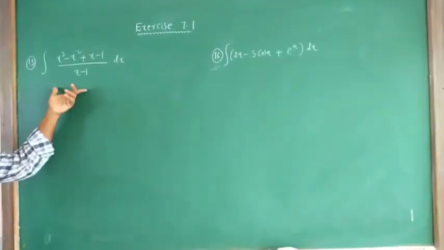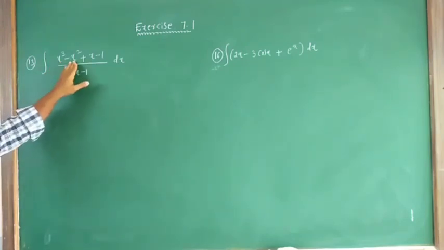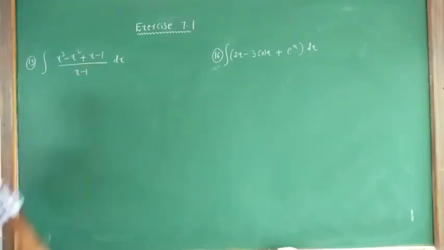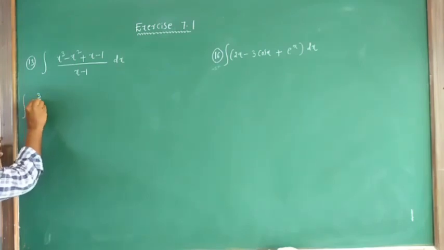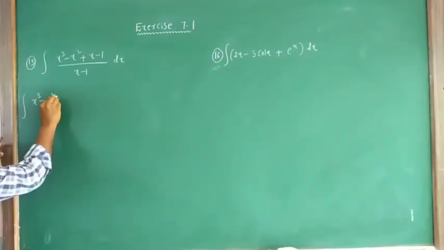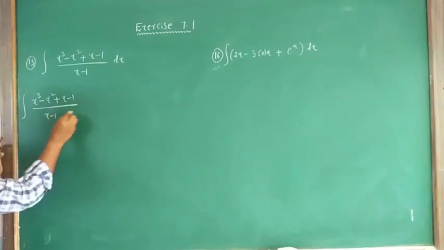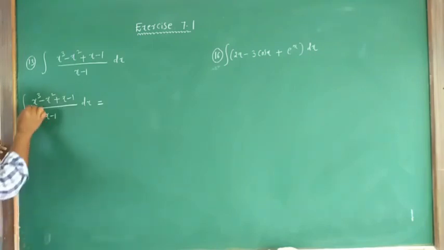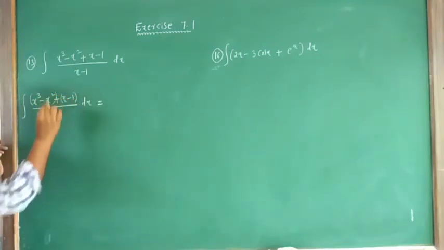Next, the 13th one, that is the integral of x cube minus x square plus x minus 1 divided by x minus 1 dx. Just take brackets for the first two terms and the next two terms.